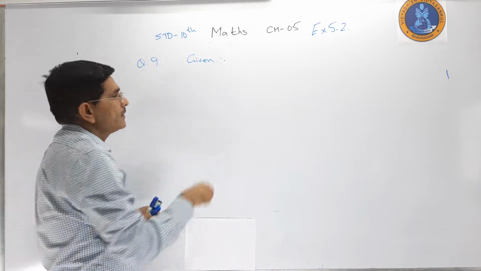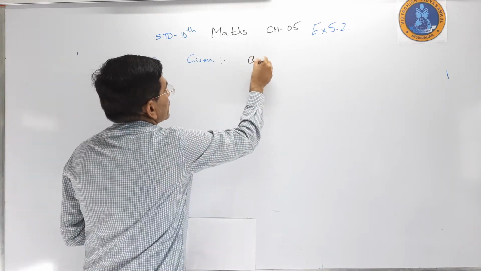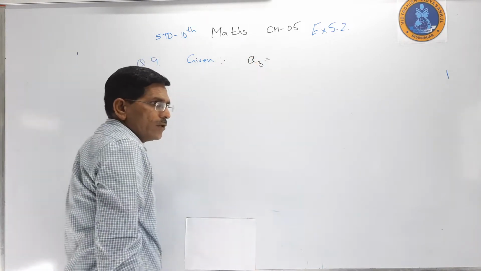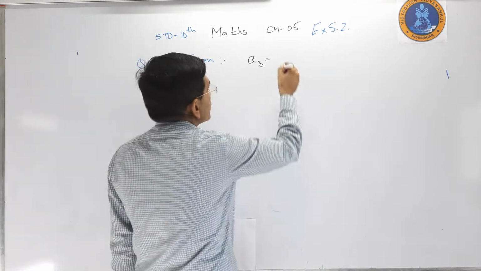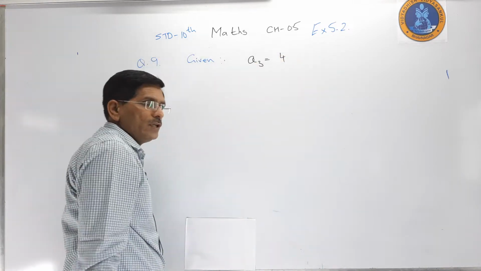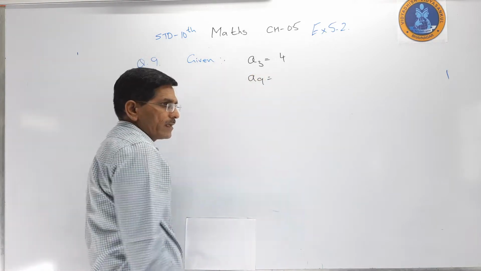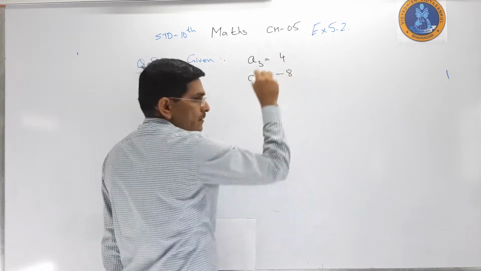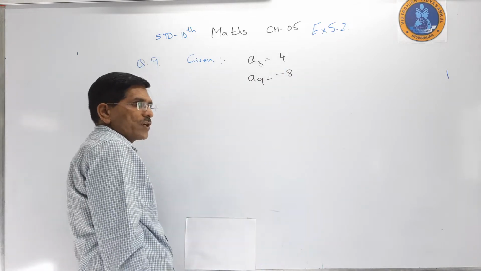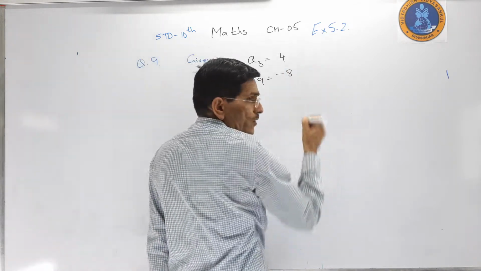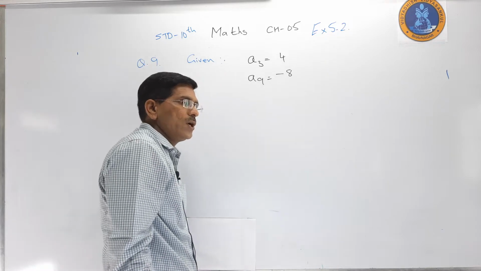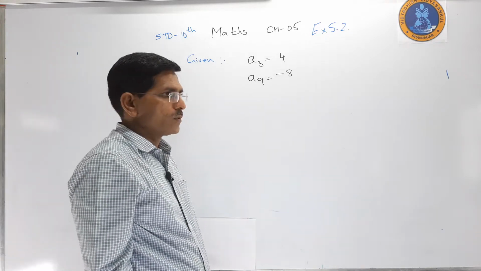So the value of A3 is given as 4, and the ninth term, A9, is given as minus 8. Find which term of the AP is equal to 0.